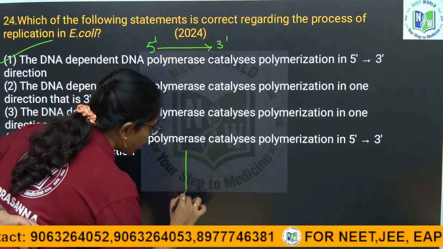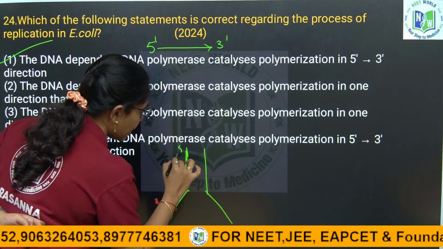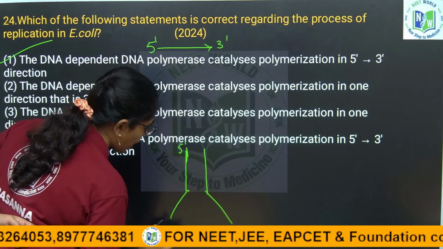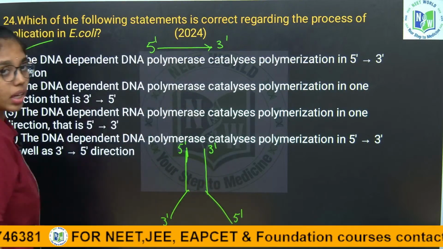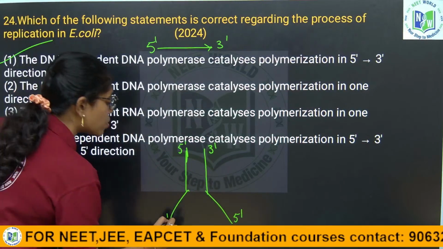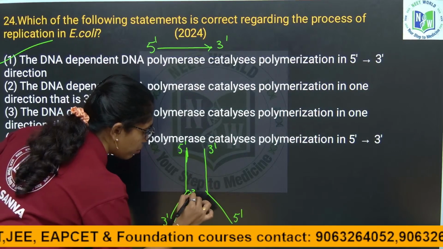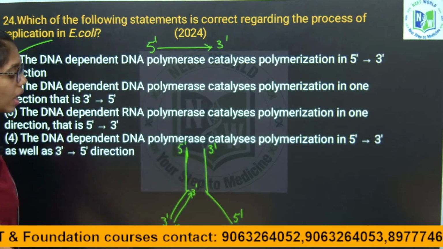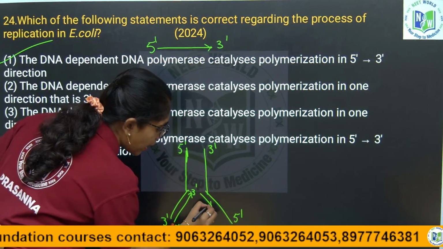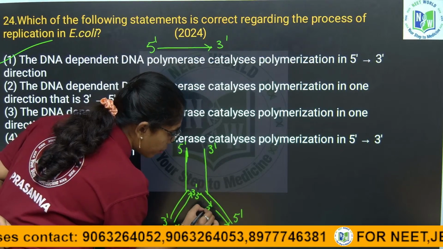In the semi-conservative method of DNA replication, each strand acts as a template. The leading strand, from 5' to 3', is towards the replication fork, and the lagging strand is away from the replication fork, again from 5' to 3'.